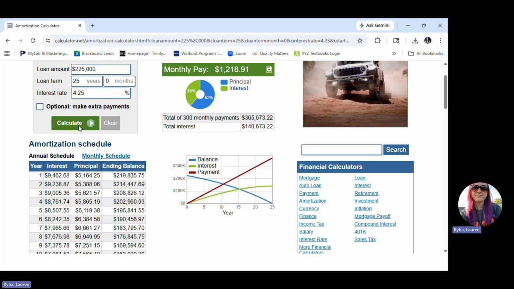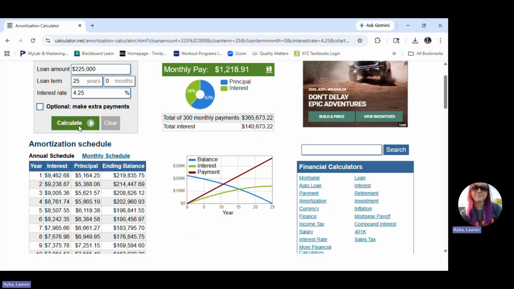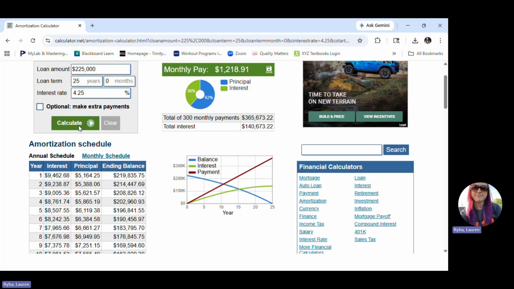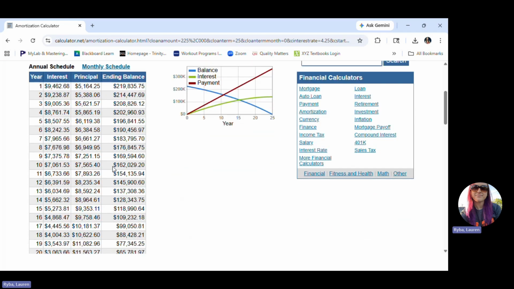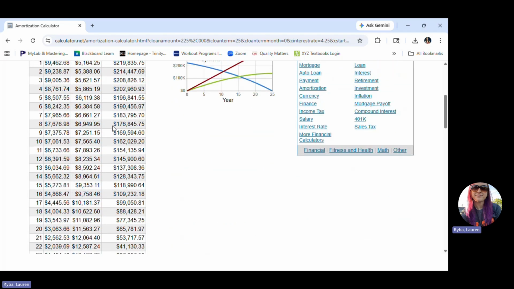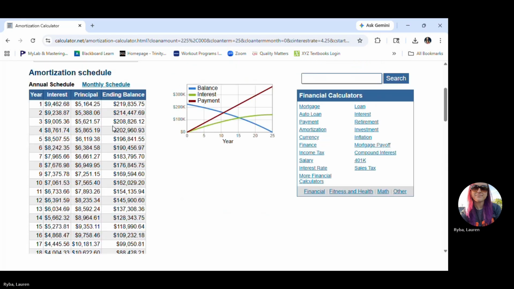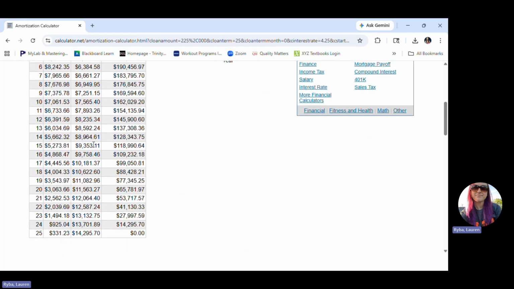So if they just say, hey, what's the monthly payment? You can use this here. It'll calculate it for you on the side. If it asks, how much is paid in interest? It's going to tell you that right here. Total paid in interest is $140,673.22. If you ever want to find a balance at the end of the year, you're just going to use your entire table over here.